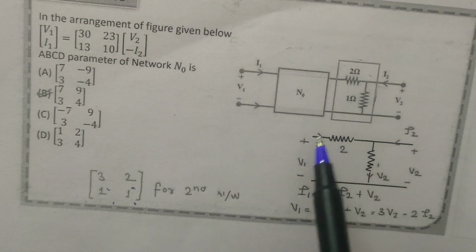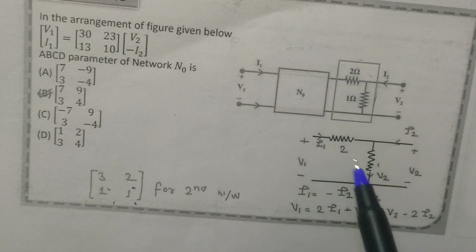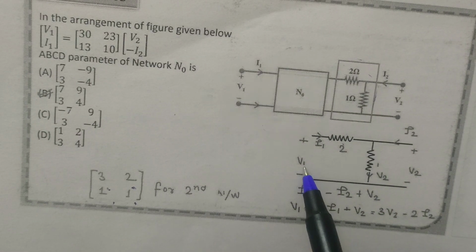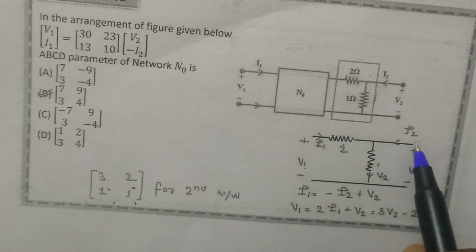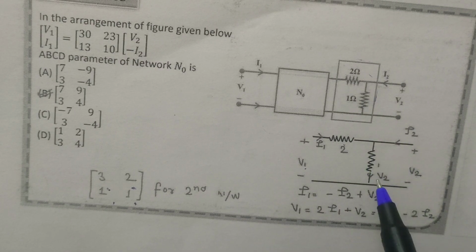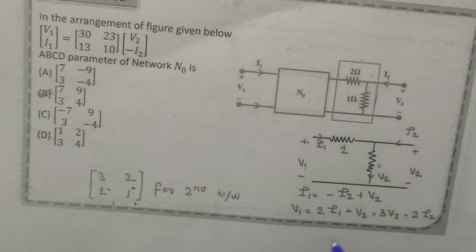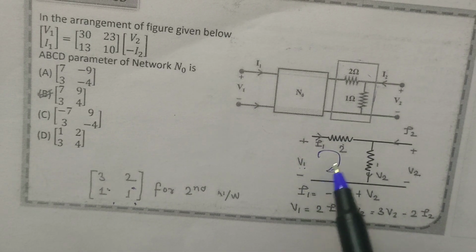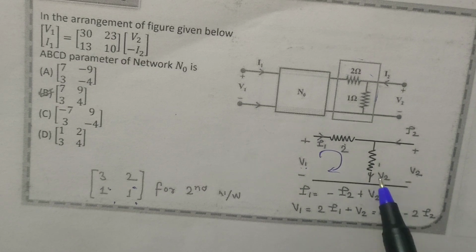Now consider here only this network: 2, 1, V2, V1, V2 and I1. This is sending I2. So I1 is equals to minus I2 plus V2. V1 is equals to, from this loop you can write 2I1 plus V2.